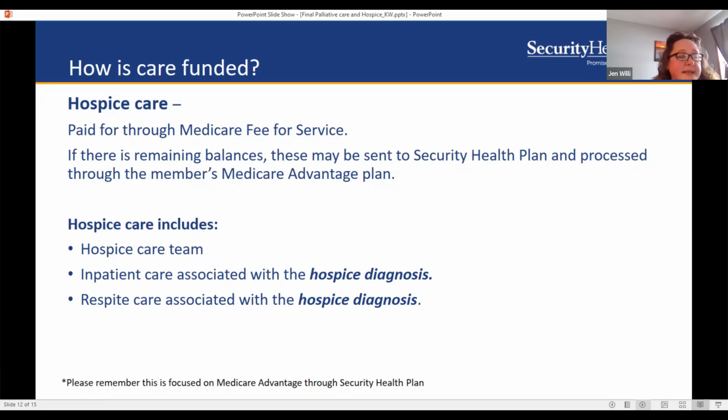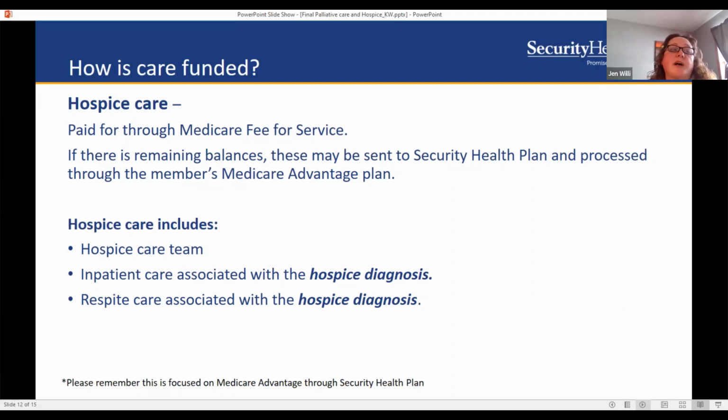For example, if someone is on hospice for a cancer diagnosis, medications related to possibly their pain, constipation, maybe anxiety and depression, maybe a walker or wheelchair due to weakness, would be covered on hospice due to its connection with the cancer.